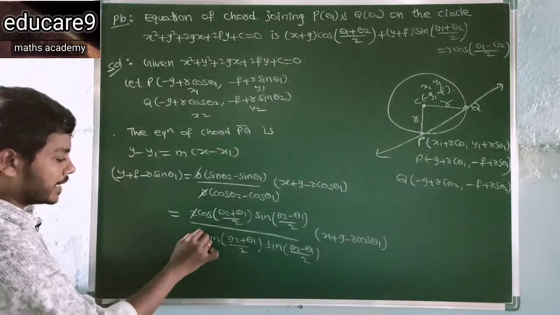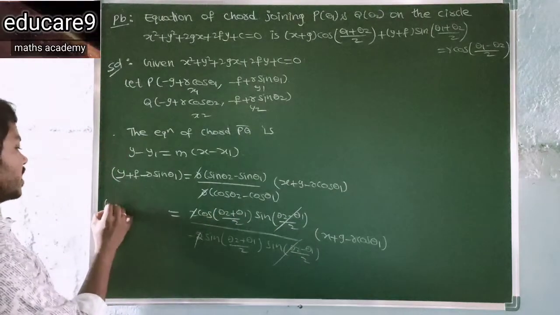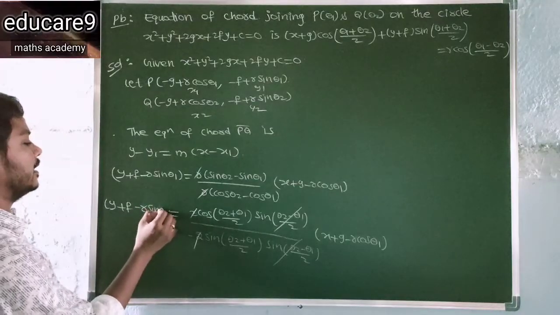So here 2 gets cancelled and this sin gets cancelled. Now this is y plus f minus r sin theta 1.